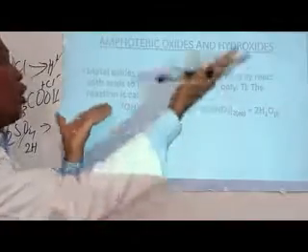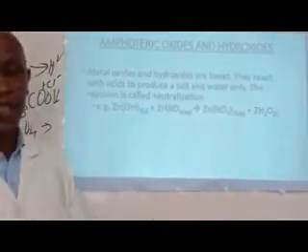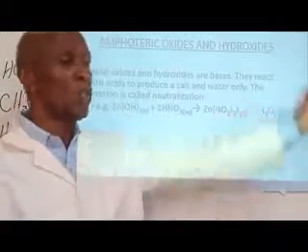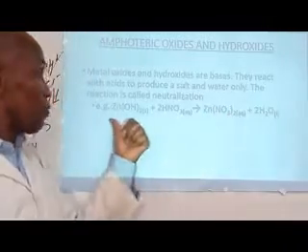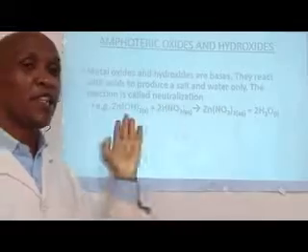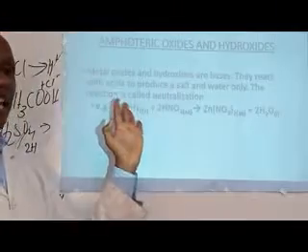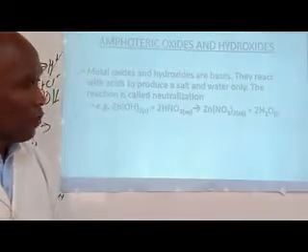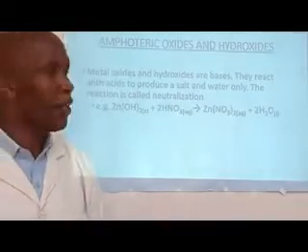This is no news. This is what we call a neutralization reaction, when an acid reacts with a base to form a salt and water only. So we expect this to happen with all metal oxides and hydroxides unless they form an insoluble salt. But then we have an interesting scenario here.